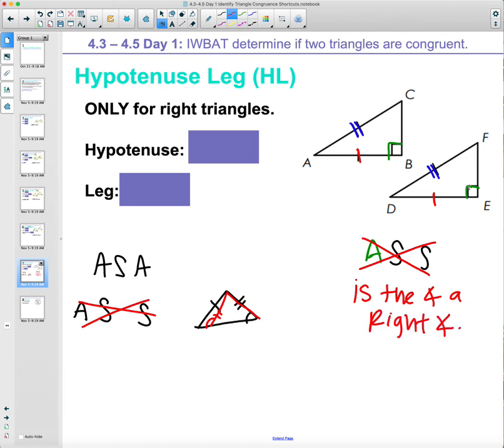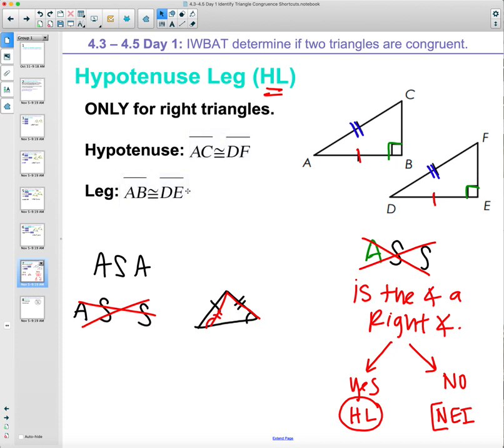Meaning it's got the box in here, right? And so in this case, it is. If the answer is yes, then these 2 triangles are congruent by what's called hypotenuse leg, HL, the hypotenuse and the leg of a right triangle. If the answer is no, then there is not enough information, NEI. So you would write NEI and you would say not enough information to prove that the 2 triangles are congruent.